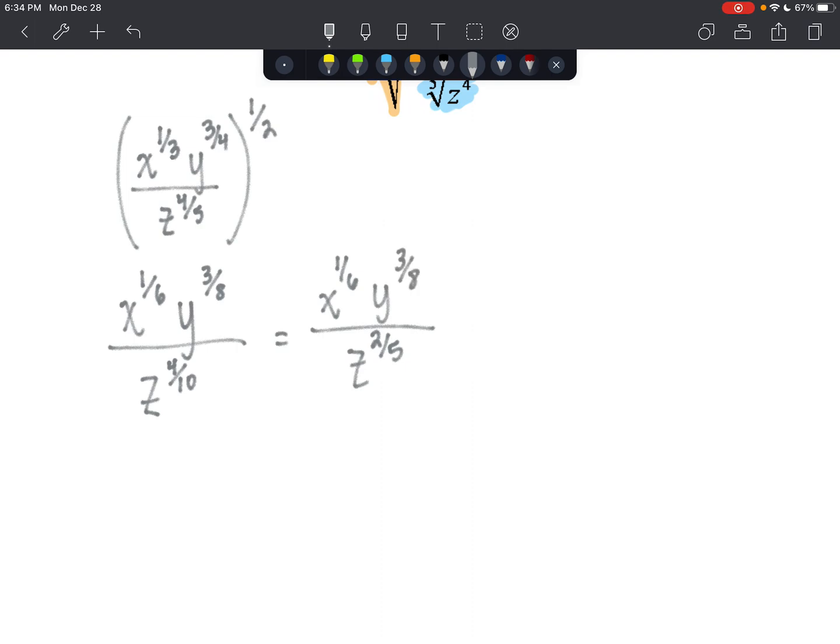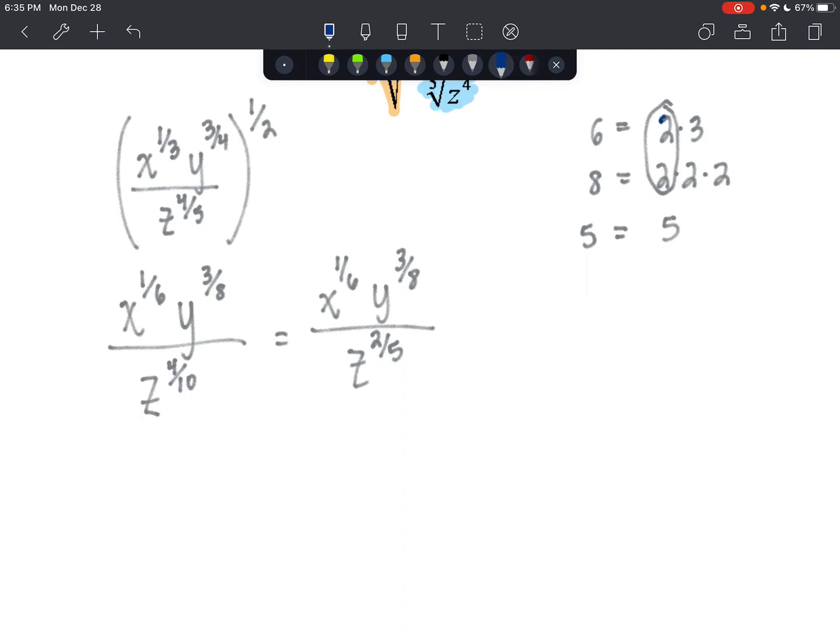So I just reduced that 4/10 to a 2/5. So I have 6, 8, and 5 that I want to get a common denominator of. 6 is 2 times 3. 8 prime factored is 2 times 2 times 2, and 5 is just 5. Here these two values share 2.